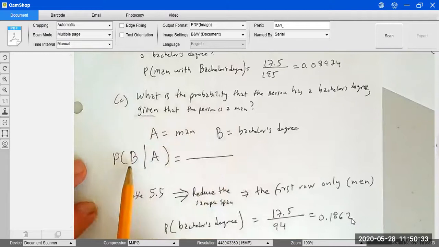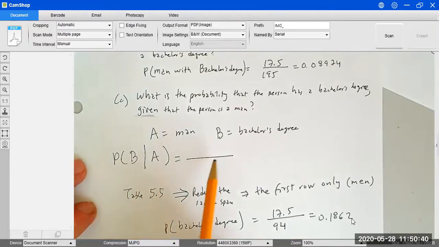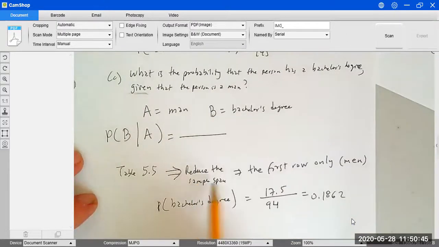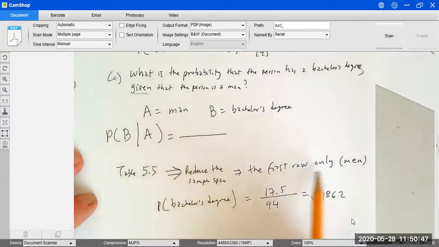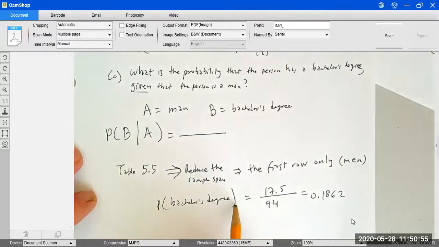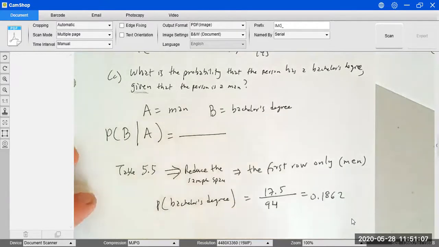The sample space is just the first row. So the probability is 17.5, the only value on the first row, divided by the sum of frequencies of that first row only. That is the answer.